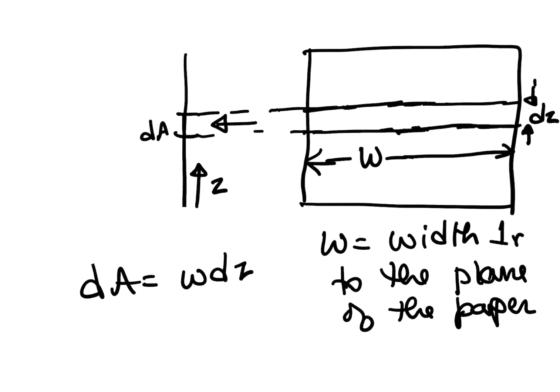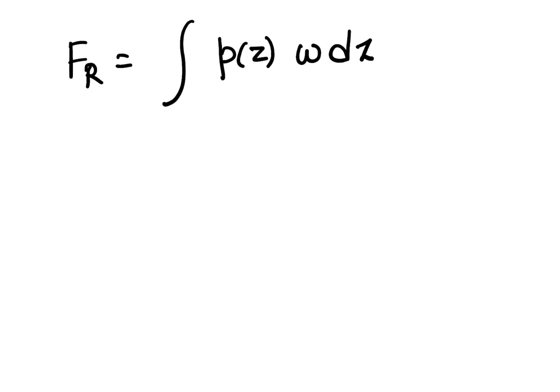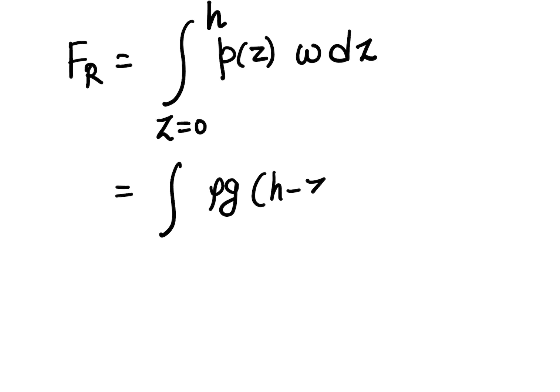Okay, so I have the force, the resultant force, being an integral of P of z times w times dz, and z is going to vary obviously between 0 to h. So I have rho g times h minus z, times w dz, integrated from 0 to h.